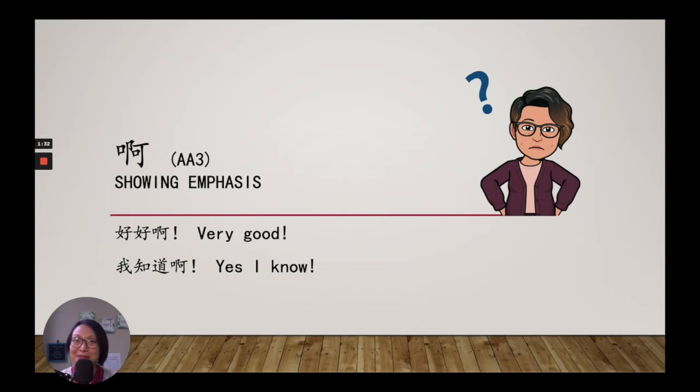Here's another example. 我知道啊, 我知道啊. Oh, I know. Yes. 我知道啊. Yes, she is very smart in math. She's very good in science. Oh, he is good at playing piano. Yeah, 我知道啊. 係啊，我知道啊. So the word right here is giving us a sense of, oh, yes, definitely. And Chinese people use it all the time.